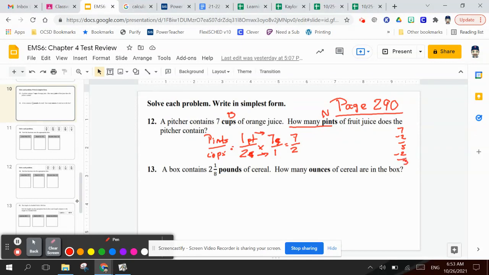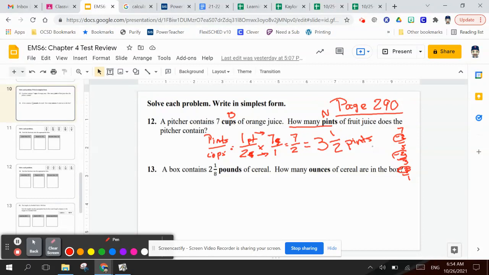Minus 2 is 3. Minus 2 is 1. So how many groups of 2 did I take out? Well, there was 1, 2, 3. And there was 1 left over, and I subtracted by 2 is my fraction. 7 cups is the same as 3.5 pints.